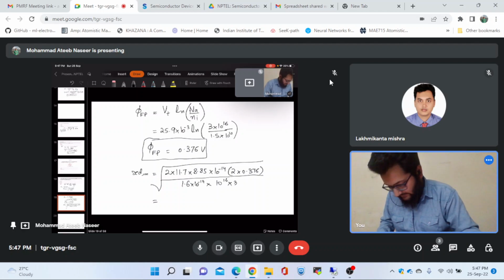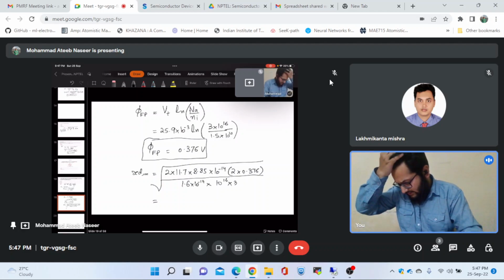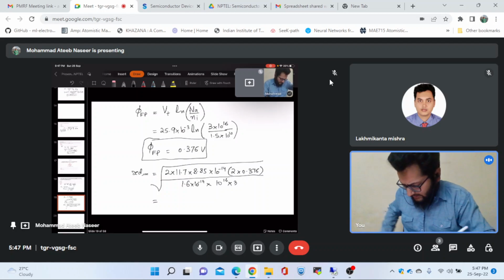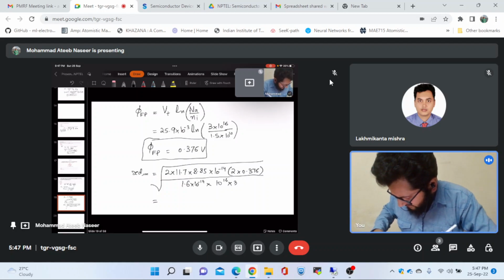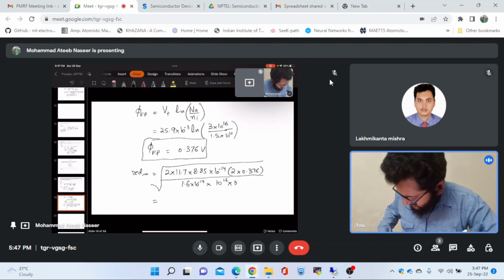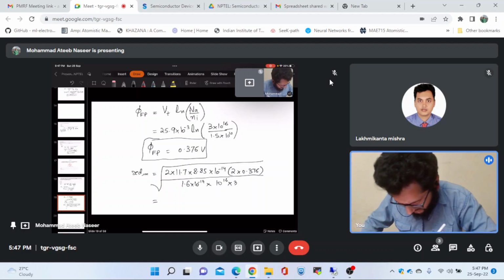11.7 into 8.85 into 2 into 0.376, divided by 3, divided by 1.6, is 32.441, and if I take the square root, it should come out to be equal to 0.18 into 10 raised to the power minus 4 centimeter.